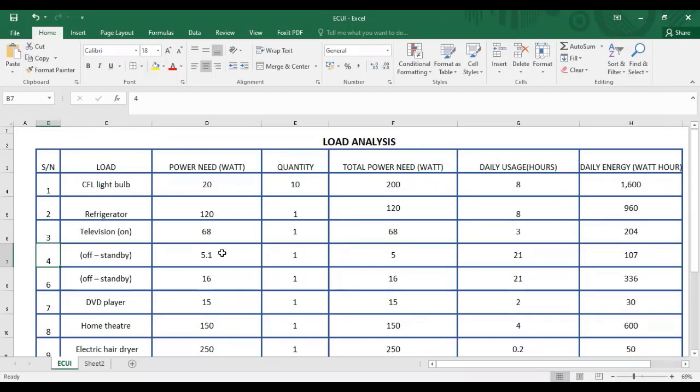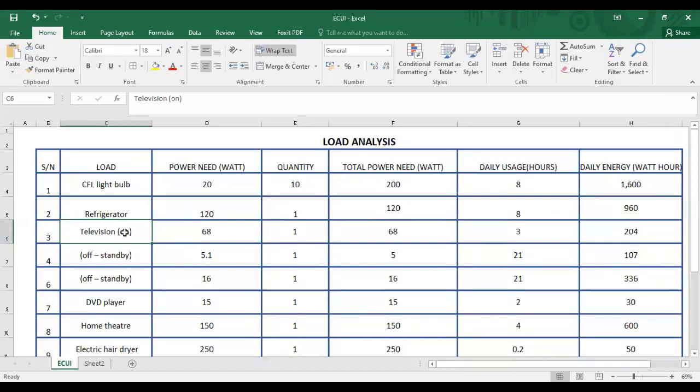So it's still consumed. Yes, you have turned off the television using the remote, but there's still a standby power consumption of about 5.1. Energy conservation has to do with leaving no trace of energy consumption whenever you are not using it.